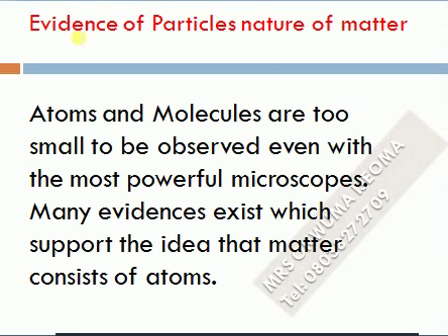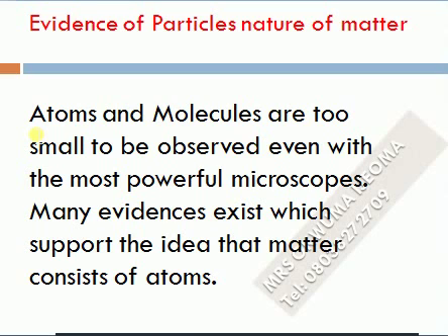Remember initially we said that scientists in the 19th century opposed the existence of matter as atom because there is no evidence and because we cannot see these atoms. Now we have some evidences for the existence of matter as atom, or the evidence for the particle nature of matter.